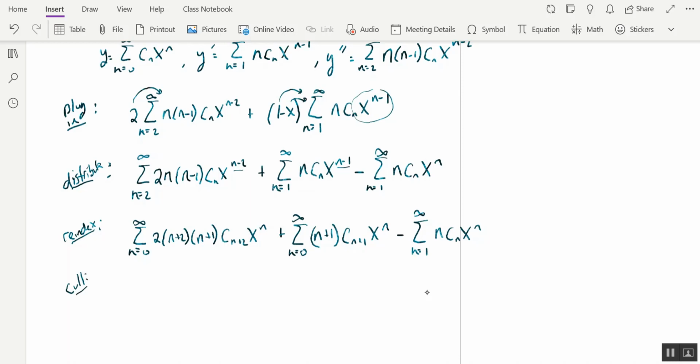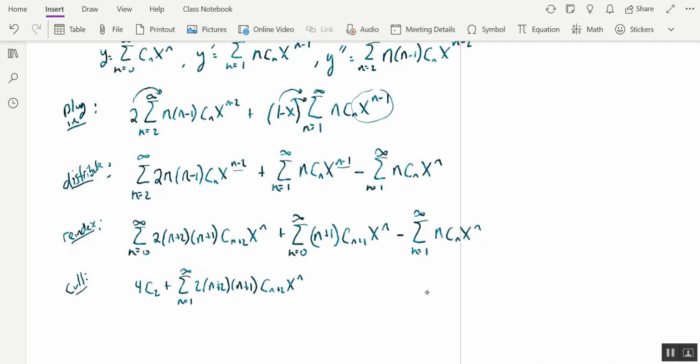So I need to cull off the n equals 0 term from the first guy, which will give me 4c2. And then I can write the first guy, n equals 1 to infinity of (2n plus 2)(n plus 1) c_{n+2} x to the n.